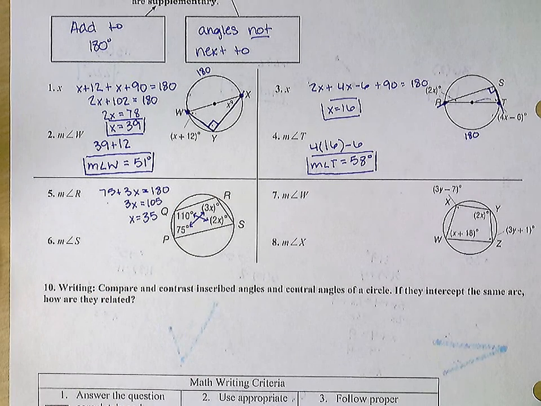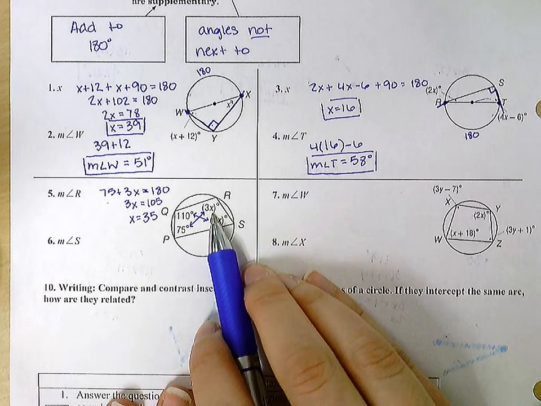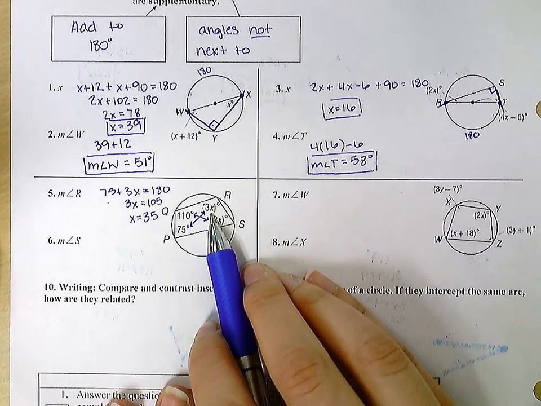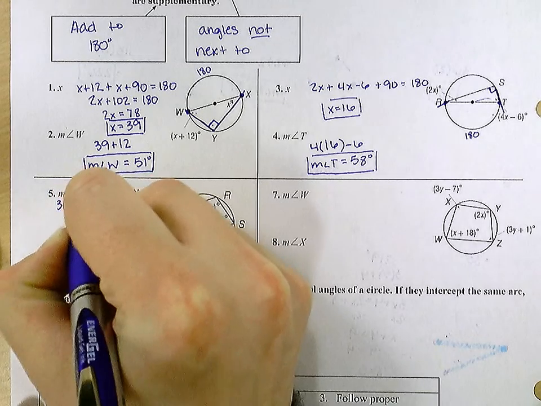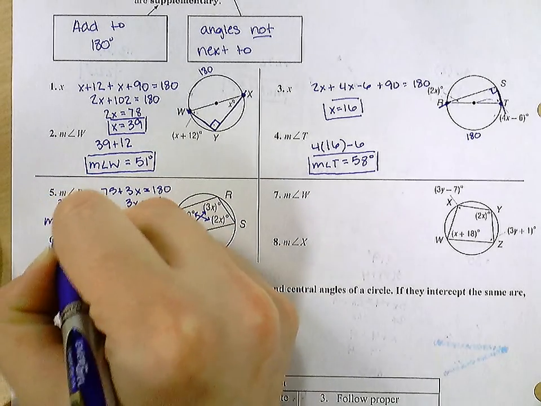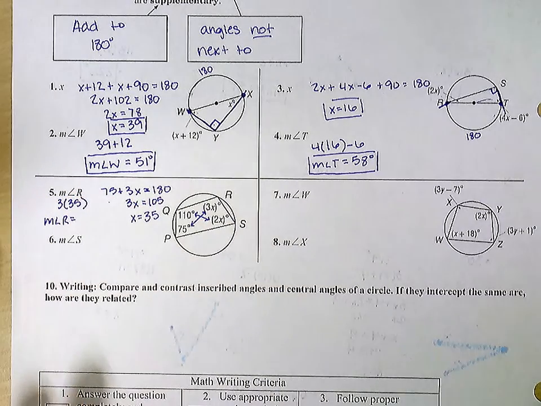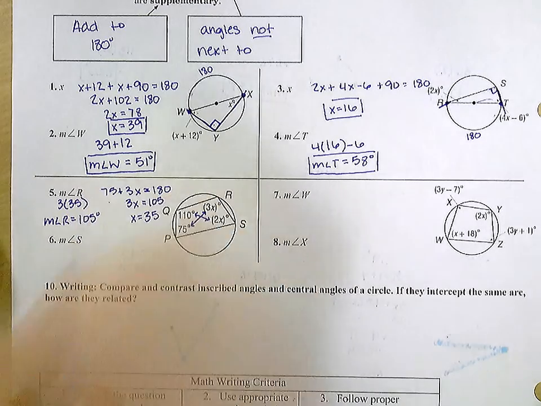Okay, but I didn't need to just find x, I needed to find angle R and angle S. So to find angle R, I'll just substitute 35 in for x here. So I have 3 times 35. To get the measure of angle R is equal to 105 degrees.